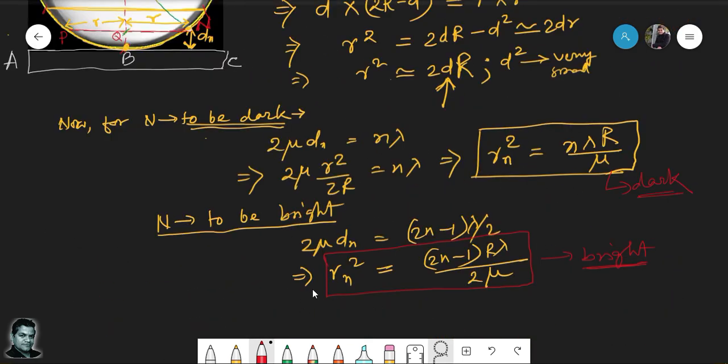So these two conditions give you at what radius the circles would be bright or dark.